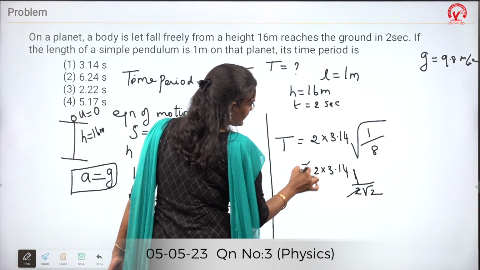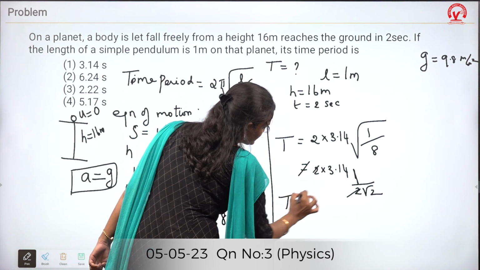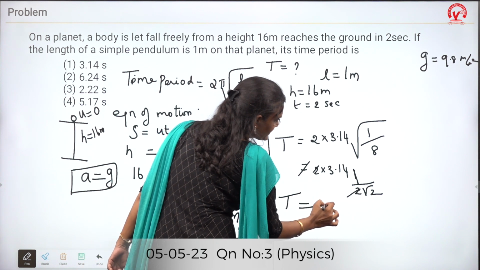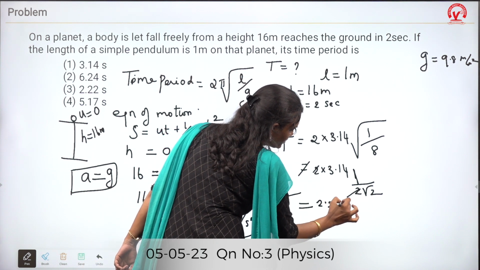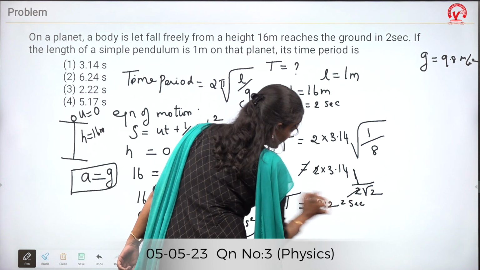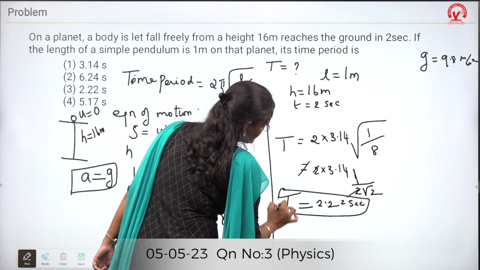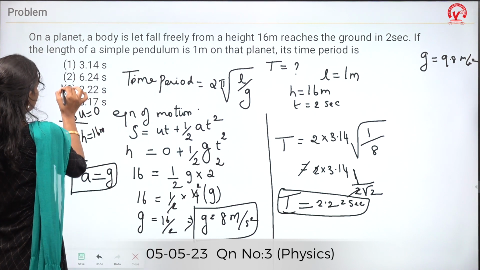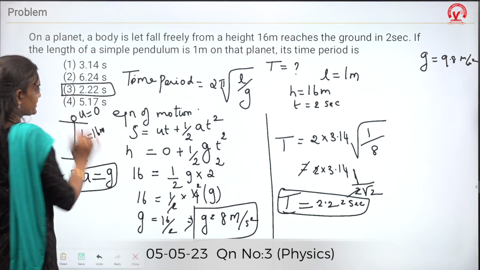Now the 2s get cancelled. On substituting this value we get T is equal to 2.22 second. So the time period is 2.22 second. Option 3 is the correct one.